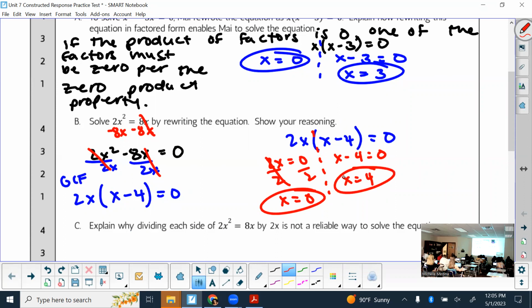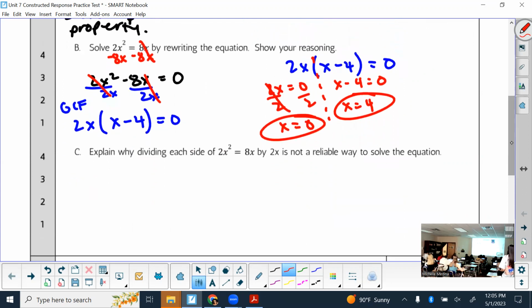So for show your reasoning, I would accept some work shown, or you could explain the steps. Questions on that? Okay. So part C says, explain why dividing each side of 2x squared equals 8x by 2x is not reliable.